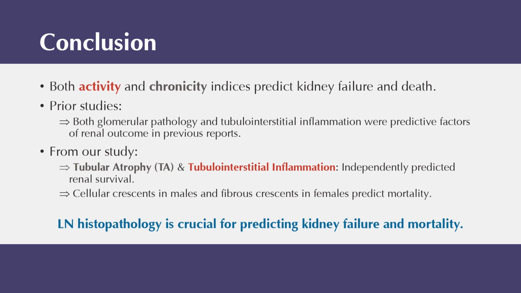Specifically, tubular atrophy and tubular interstitial inflammation were independent predictors of renal survival. Our study also revealed a gender difference in mortality predictors, suggesting that male lupus nephritis patients with cellular crescents might have increased risks of mortality.